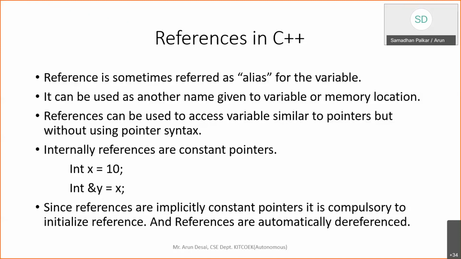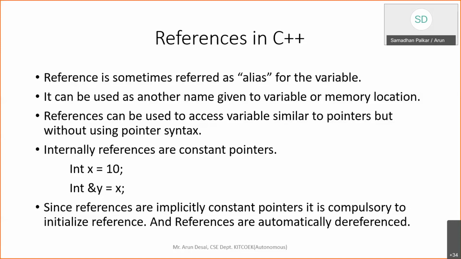And after that, related to pointers, you need not have initialization at the time of declaration, but for a reference, you need to initialize that reference while declaration, right? So those are some major differences between references and pointers.